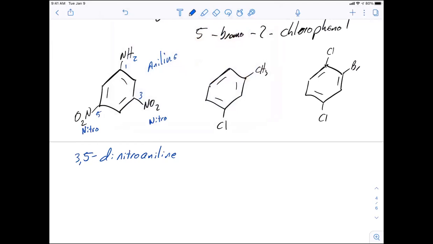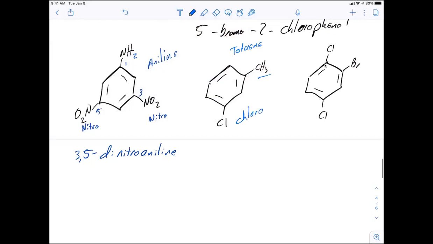On this one, we have a methyl side group, which means we can use the toluene name. We have a chloro attached. Our position here is 1, 3, or we can use meta since there's only two substituents.